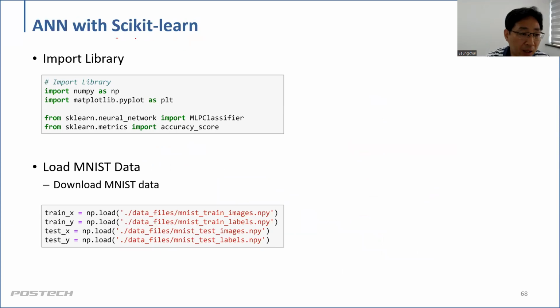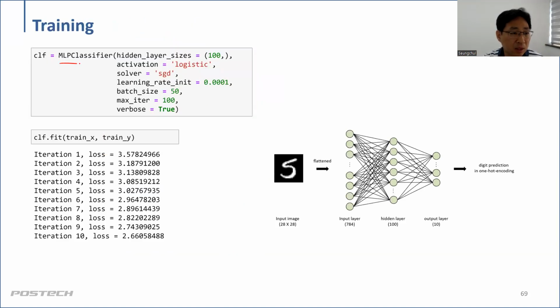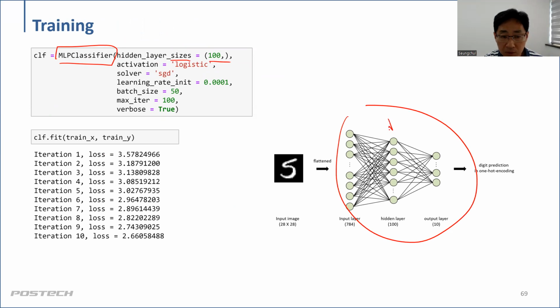So in scikit-learn, in sklearn neural net, there's the multi-layer perceptron classifier, and we have the MNIST data set. And here we have to design it. So we draw these networks, and for hidden layer size we have 100. What kind of nonlinearity function? I'm gonna use the logistic, and the solver, learning rate, batch size, maximum number of iterations, things like that.